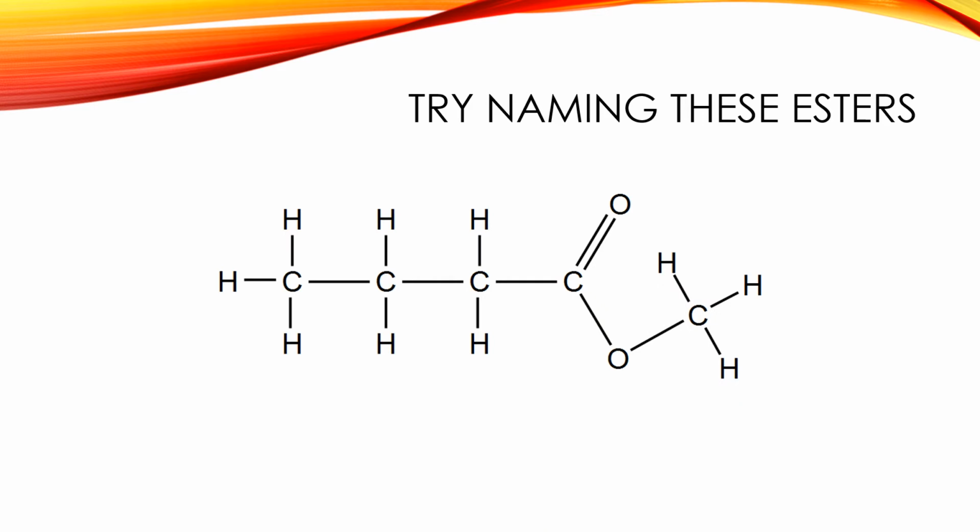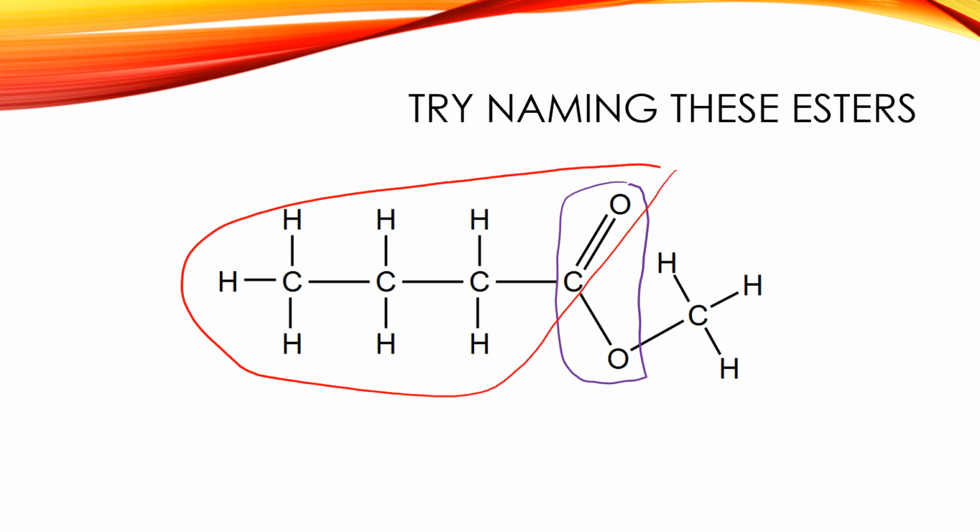Now let's try another one. Remember, stop and start the video. First step, find the ester functional group. Next step, the carbonyl group comes from the acid, so this came from the carboxylic acid.